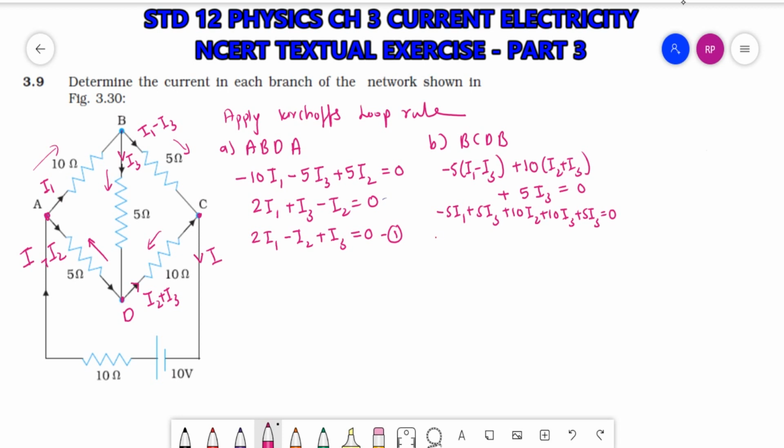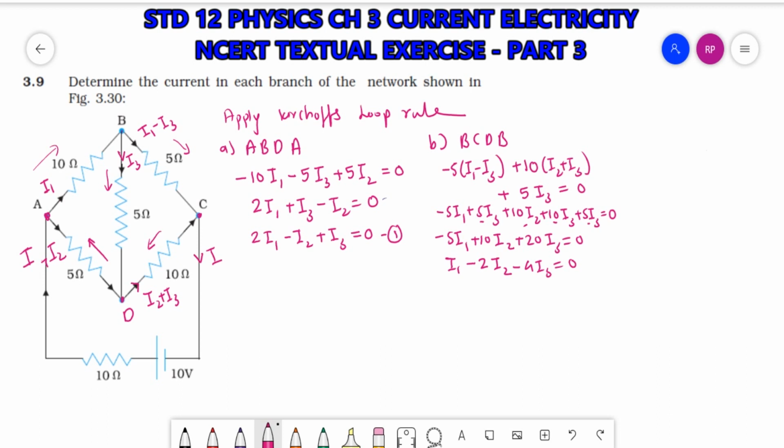So minus 5 I1, plus 10 I2, and I3 terms 5, 10, 5, so this will be plus 20 I3, equal to 0. Taking minus 5 common, I will get I1 minus 2I2 minus 4I3 equal to 0.